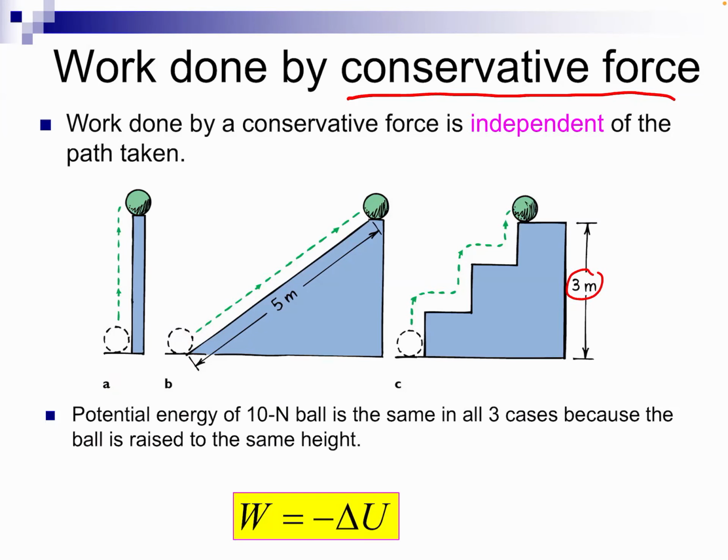If we want to find the work done in lifting the ball up to a certain height h, we can use this principle, work is equal to negative change in potential energy, to figure out how much work was done in lifting the ball up 3 meters.